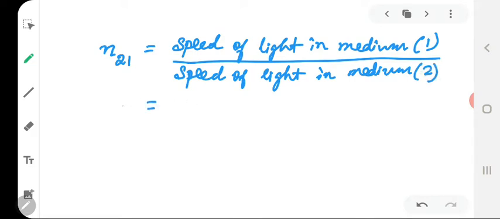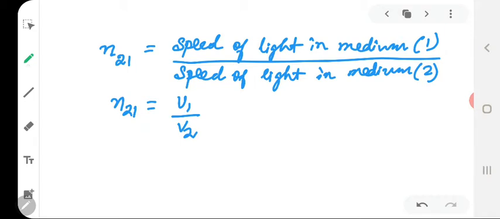So this, if we represent symbolically, can be written as V1 by V2. So refractive index of medium 2 with respect to medium 1 is equal to speed of light in medium 1 divided by speed of light in medium 2.